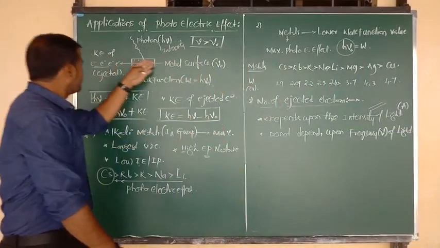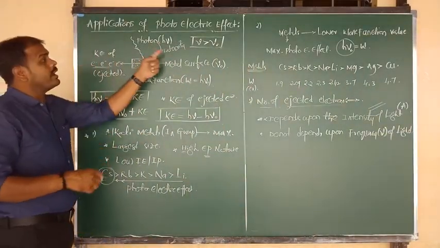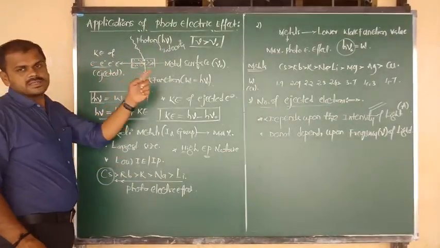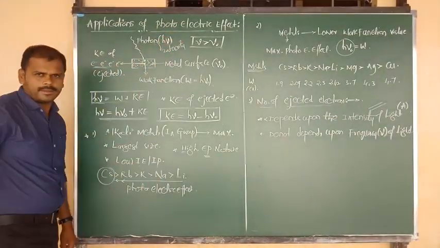The number of released electrons depends upon the intensity or brightness of the light, but not upon the frequency.